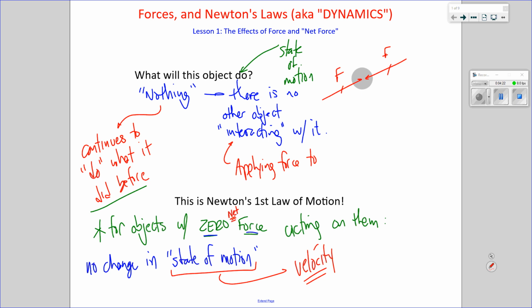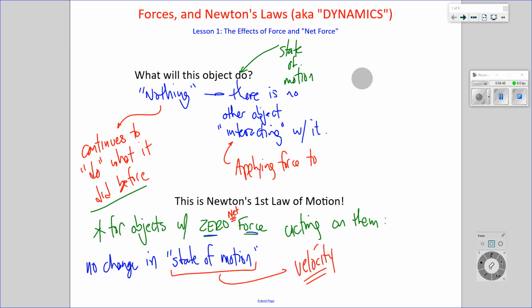Well, that happens to be an object with zero net force acting on it too. But remember, we said this is an object in a universe with a singular object in it, so there is nothing else to exert a force. But that's the same thing. Zero force or zero net force, objects behave the same way, and that is that they don't change velocity.